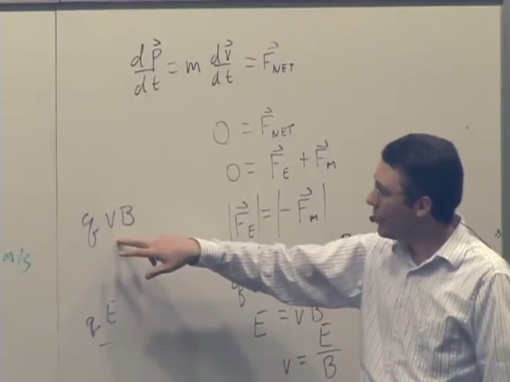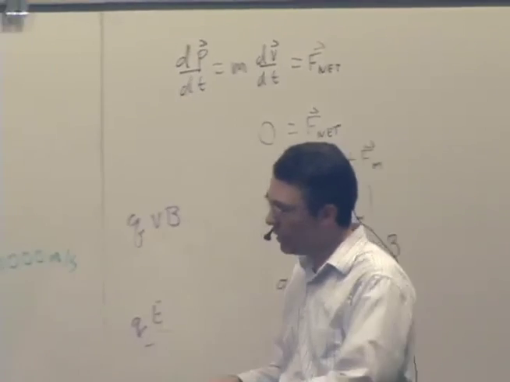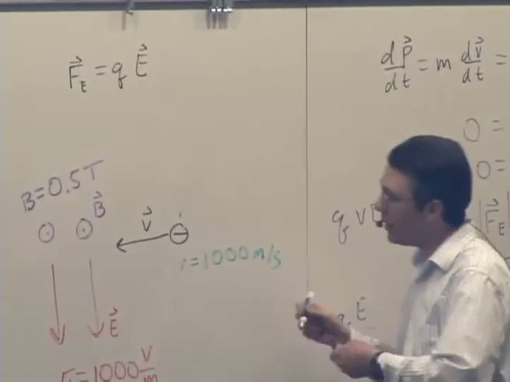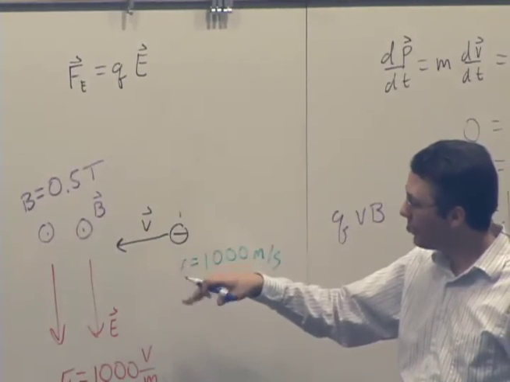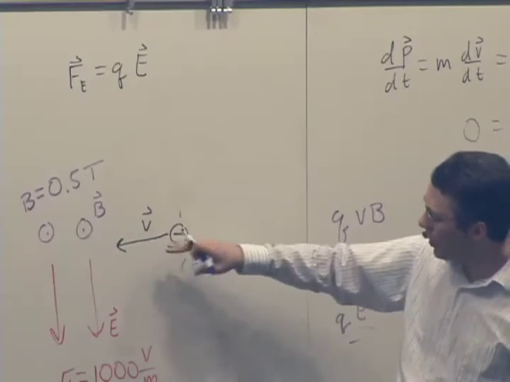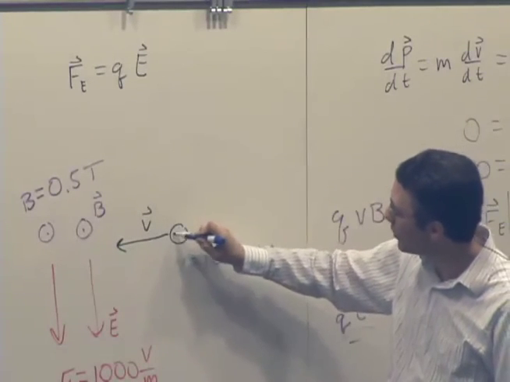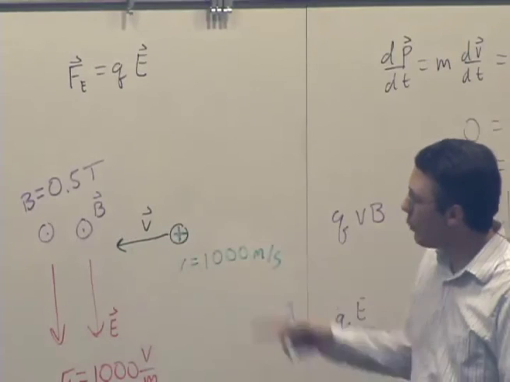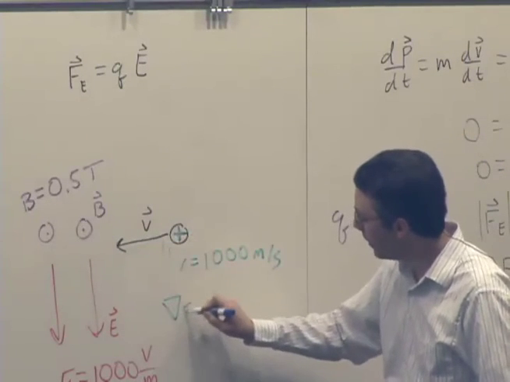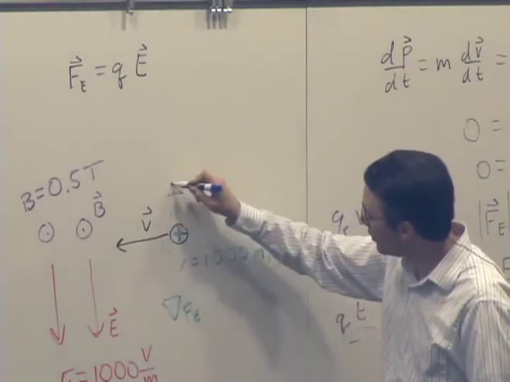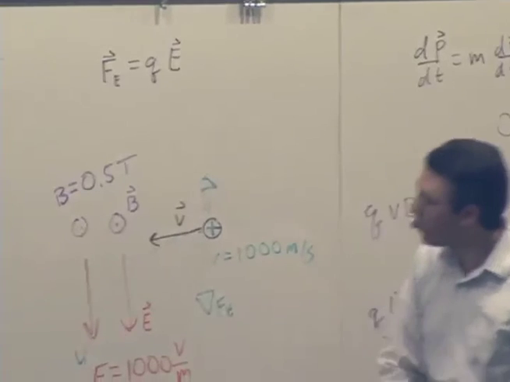So if the speed is too low, the magnetic force is going to be small, and the electric force would be larger. Well, in fact, for a negative charge, it would be the other way. It would actually rise because the electric force would be upward. So let's just look at a positive charge for simplicity. If it were a positive charge, the electric force would be bigger than the magnetic force, and this charge would be deflected, right? It would go downward.